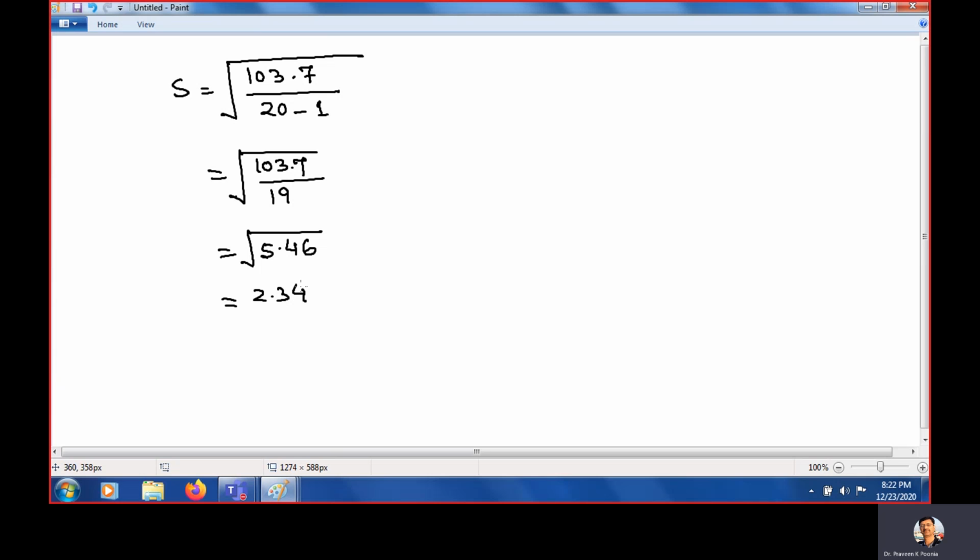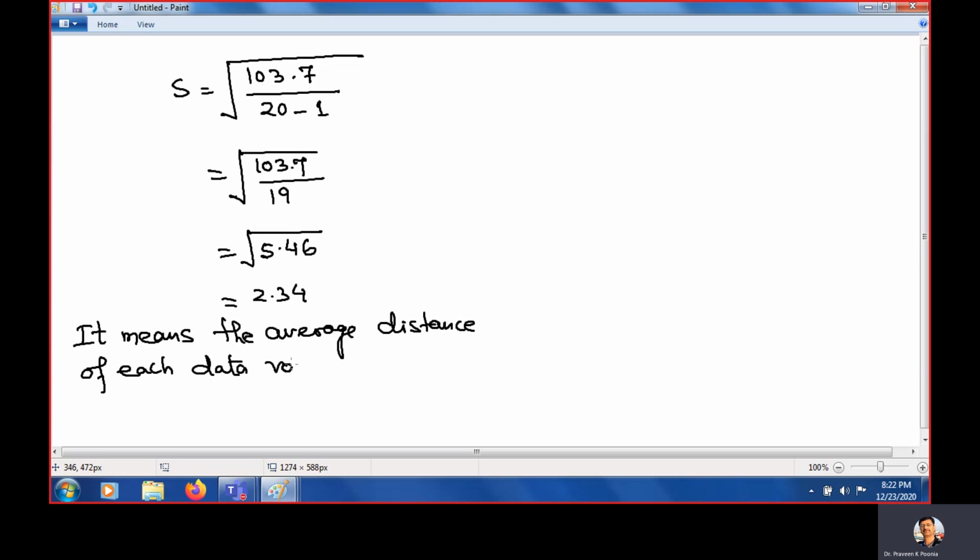That means the average distance of each data value from the mean is 2.34.